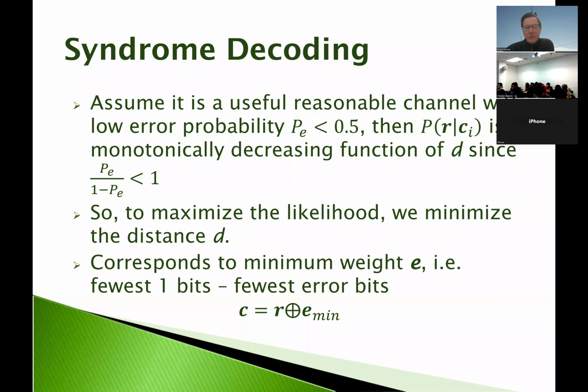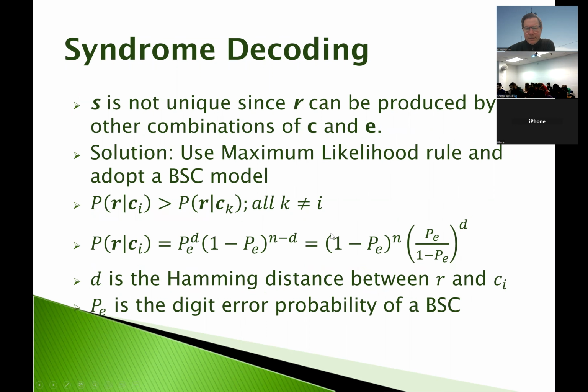So what's the result of that? If we want to maximize the likelihood, then we want to minimize the distance D. Now, what is that again? That's the Hamming distance between the received vector and the desired code word, right?